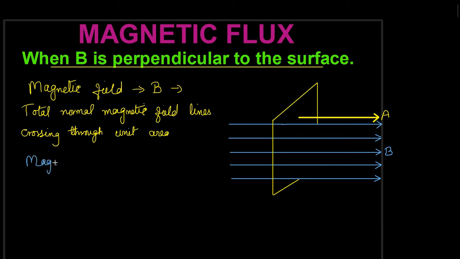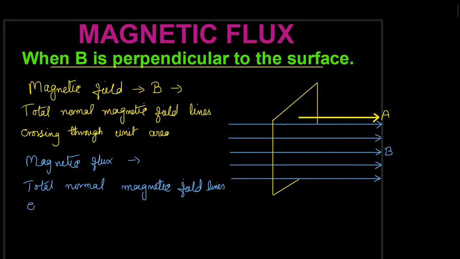Magnetic flux is defined as total normal magnetic field lines crossing through the entire area, crossing through the entire surface.